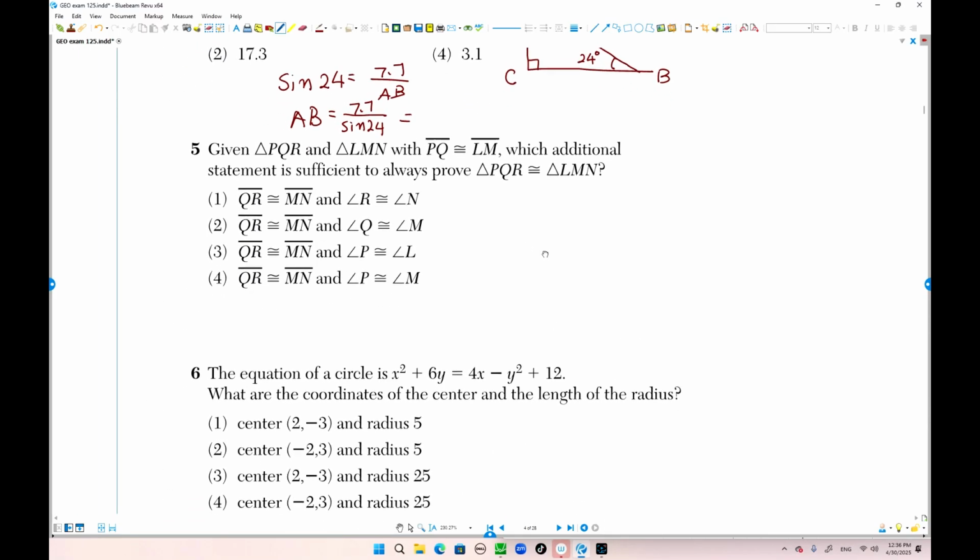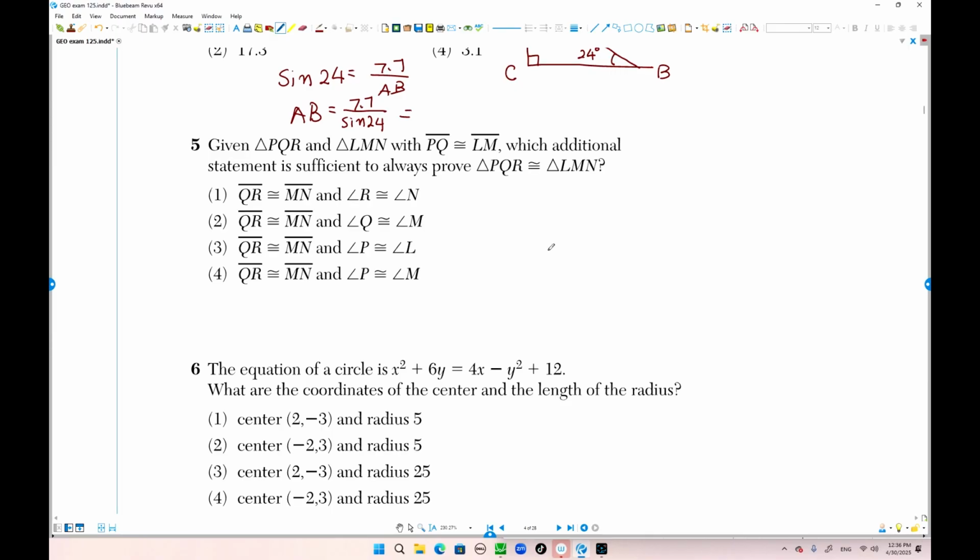Okay, PQR and LMN. We need to find something to prove they are congruent. PQR congruent to LMN, so PQ and LM are congruent.